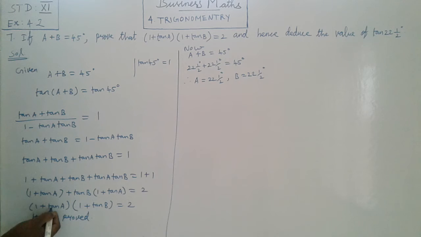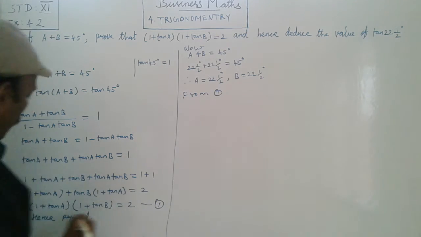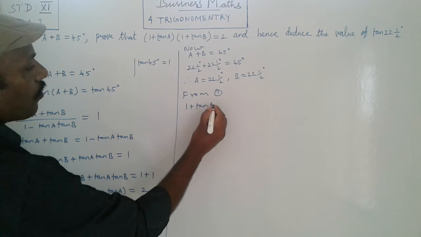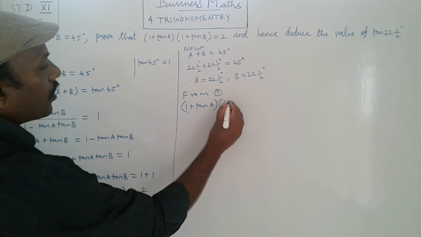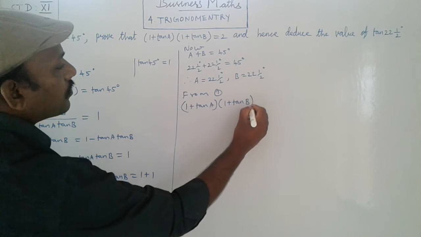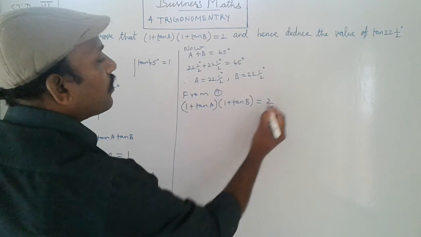So we should substitute this value in equation number 1: (1 plus tan a) into (1 plus tan b) equals 2, as given.